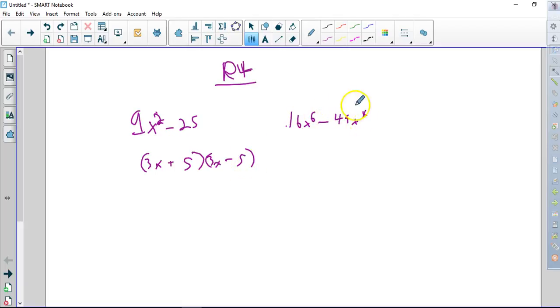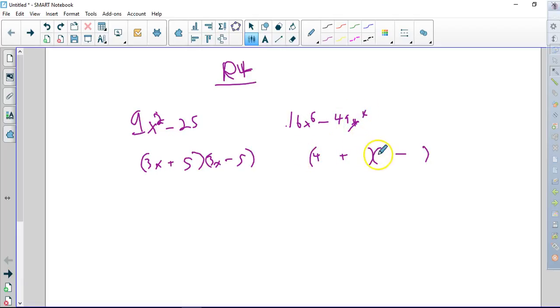Now let's make this y to the 4th, not to get too confusing. So I'm going to take my two parentheses, like so. I'm going to make one plus and one minus. And the reason I can do that is because 16 is a perfect square. X to the 6th is a perfect square, because you can do x cubed, x cubed. 49 is a perfect square, and y to the 4th breaks down to y squared, y squared.